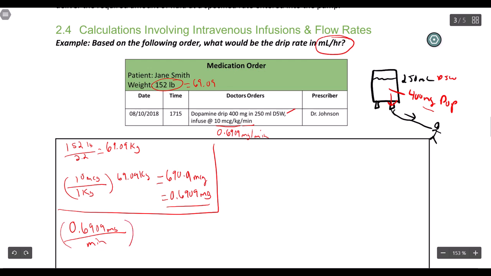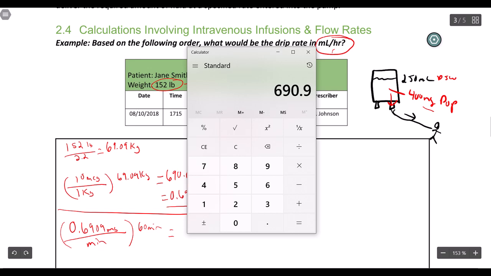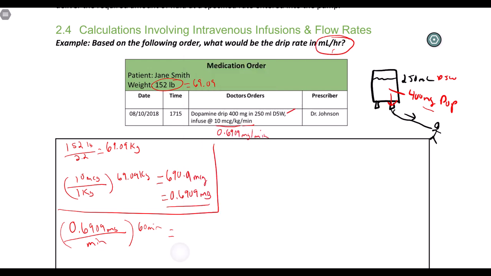I've got 60 minutes in 1 hour, so I need 0.6909 milligrams a minute times my 60, which is 41.454 milligrams per hour. Getting closer.